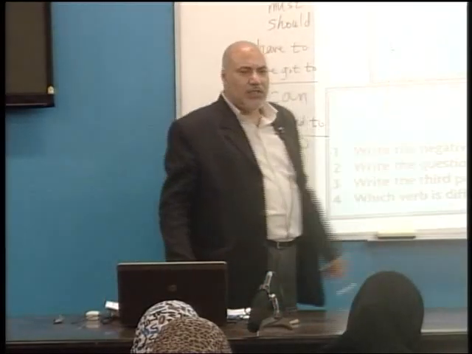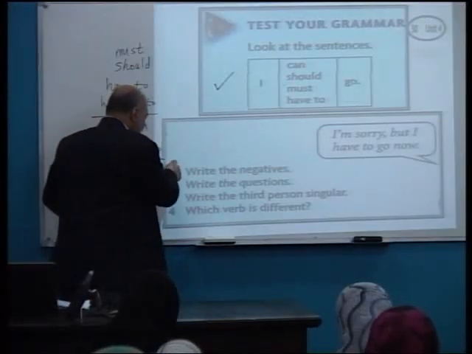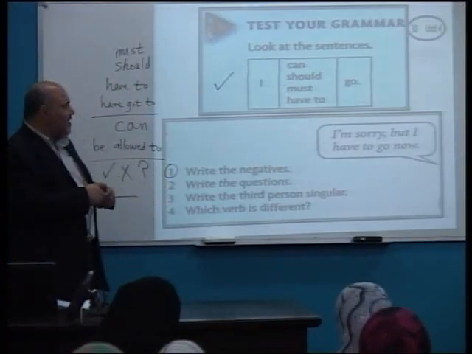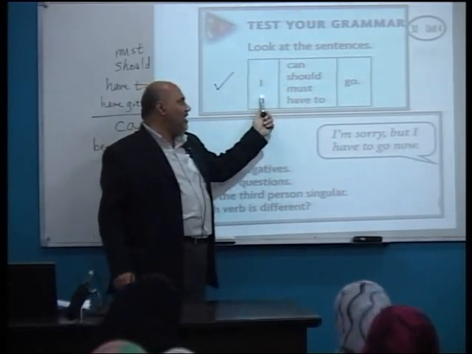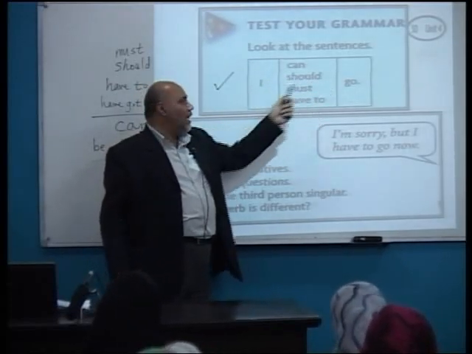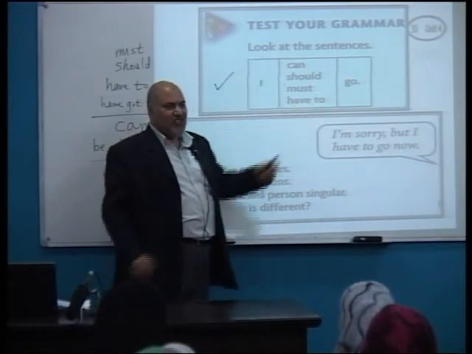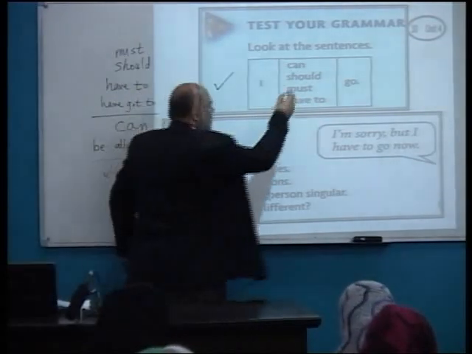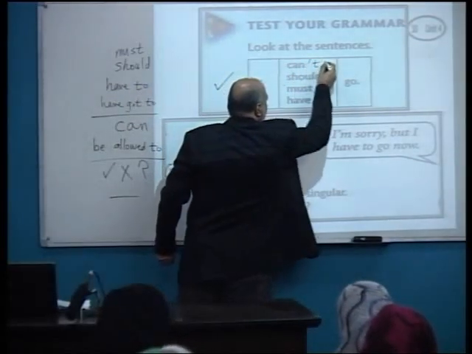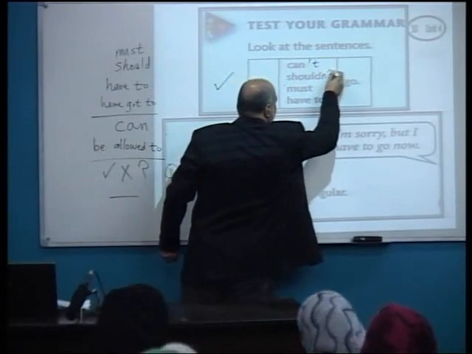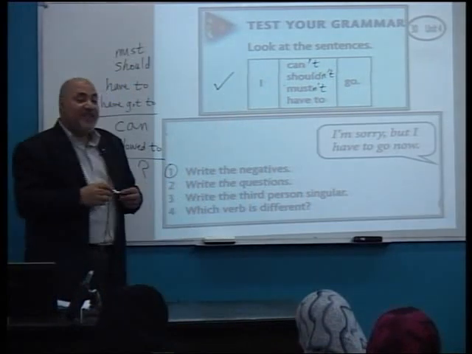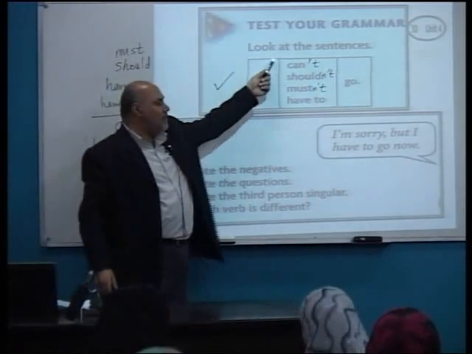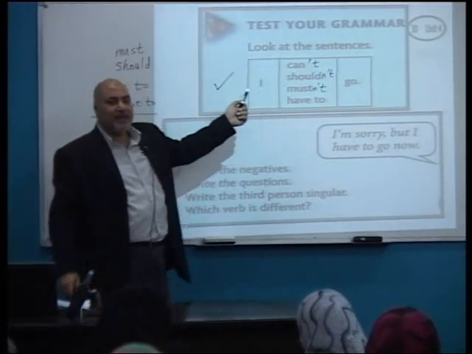If I want to deal with the first one, negative, I say, I can't go. I shouldn't go. I mustn't go. So we can use not. The first 3 verbs are modal verbs.